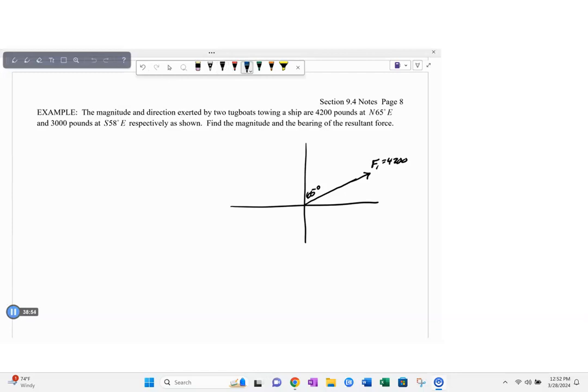The next force is 8 degrees off of the south, 58 degrees east. It's 3,000 pounds, so a lesser force.